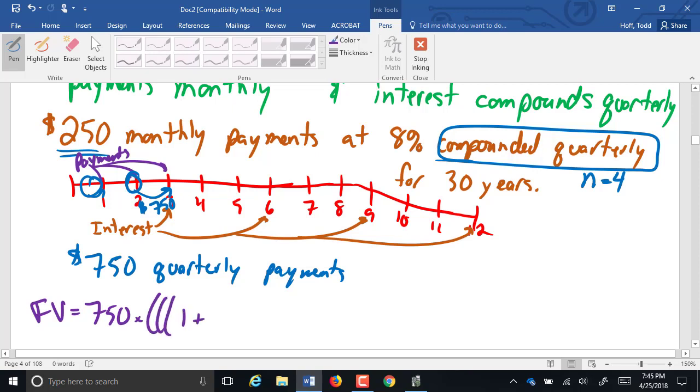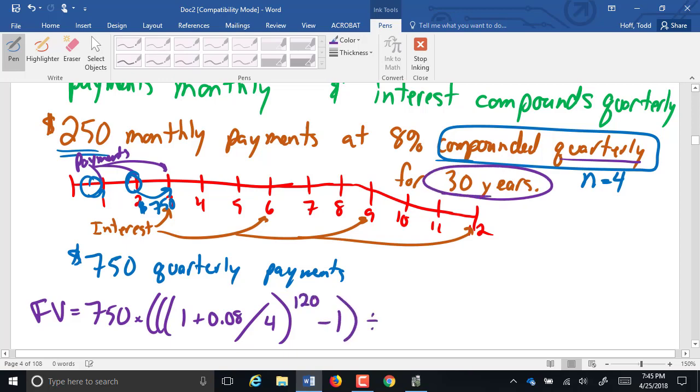1 plus 8%, which is 0.08, divided by 4 since interest compounds quarterly, to the power of 4 times 30, which is 120 periods, minus 1, close, divided by open 0.08 divided by 4.